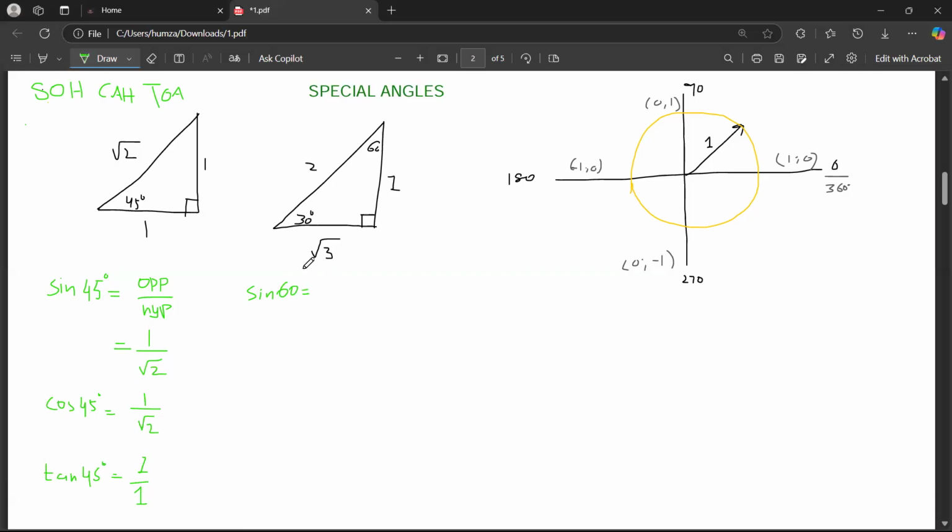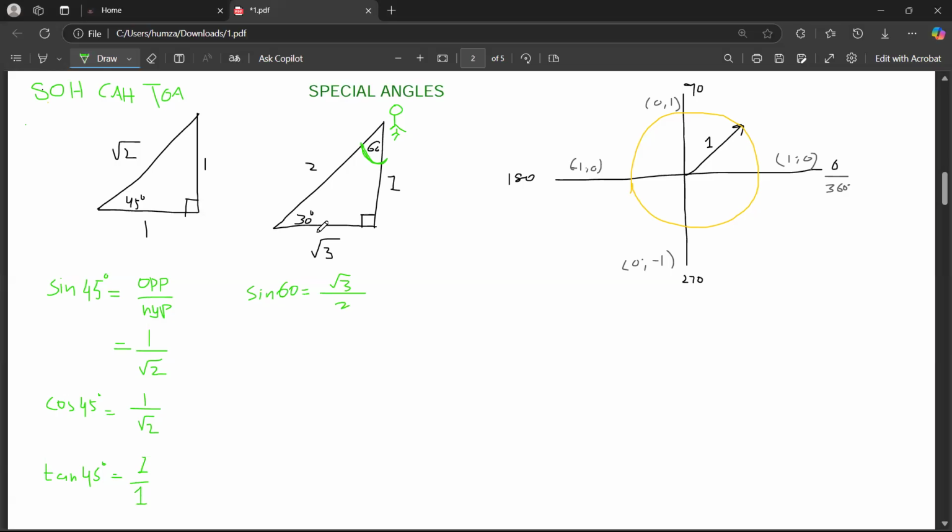Now again, we move on to the different triangles. So sin 60. The sin ratio is opposite over hypotenuse. Again, we will say that this is root 3 over 2. Why? Because if you're looking at the triangle from this side, the side of the triangle opposite to this angle, which is our reference angle, is the opposite side.